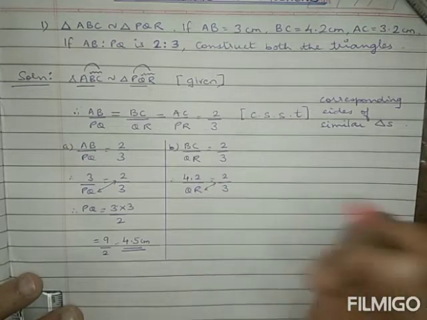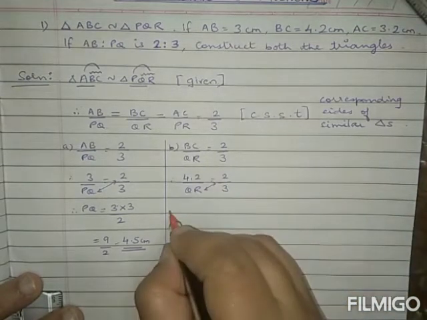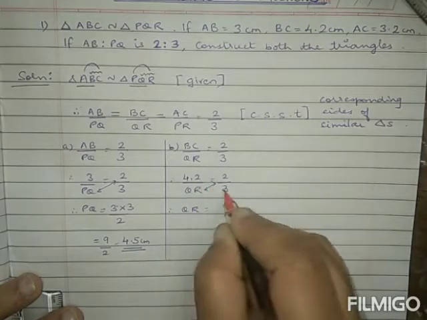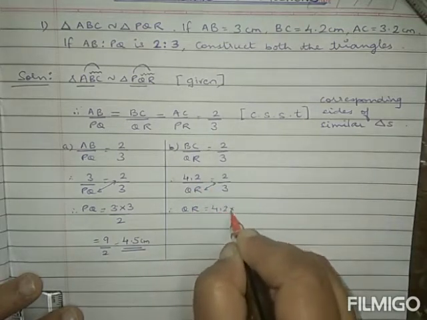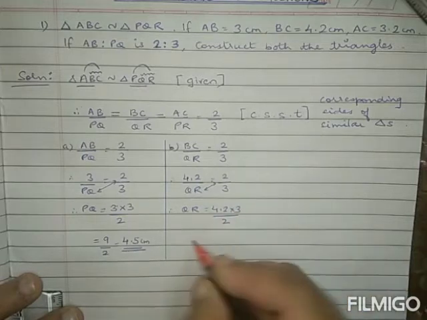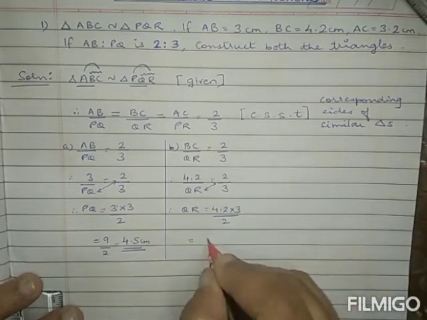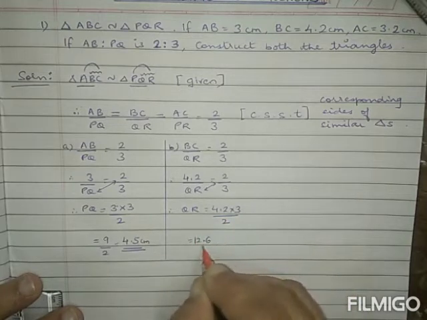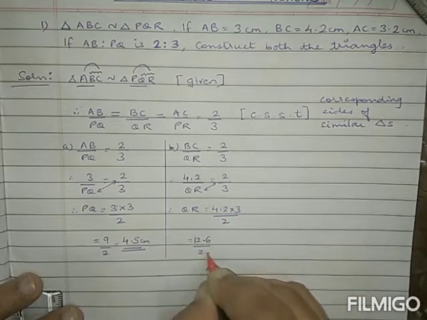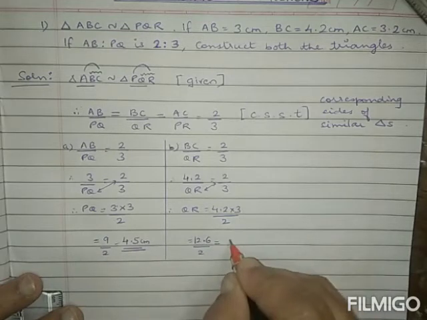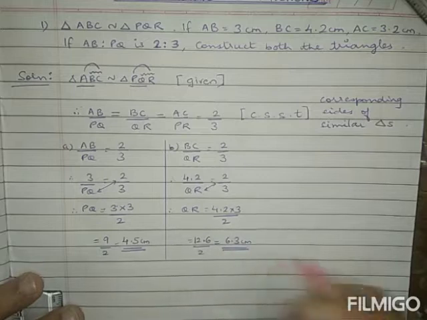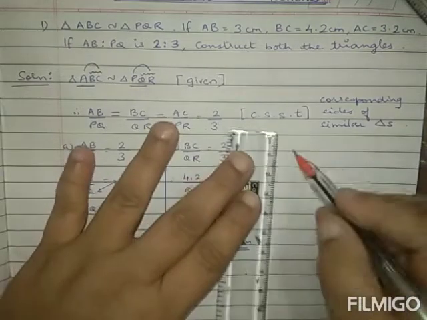Again, let's use alternando. So QR will be equal to 4.2 into 3/2, which is 3 2s are 6. This is 12. 12.6/2, which is how much? 6.3 centimeter.